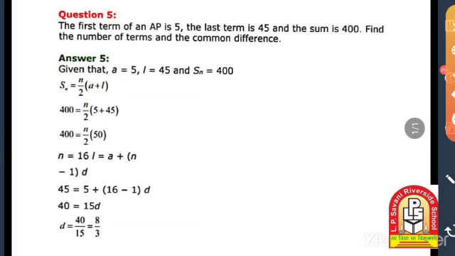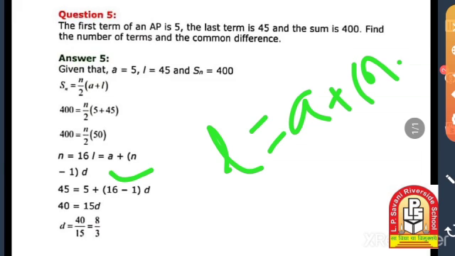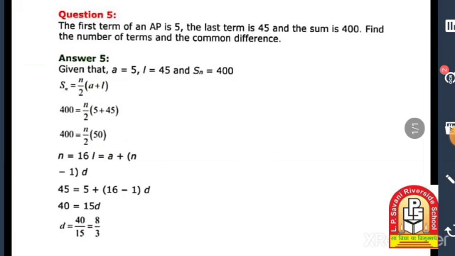We have to use a new formula, L is equal to a plus n minus 1 into d. These are printing mistakes here, so be careful. Here n is equal to 16. So L is equal to a plus n minus 1 into d.